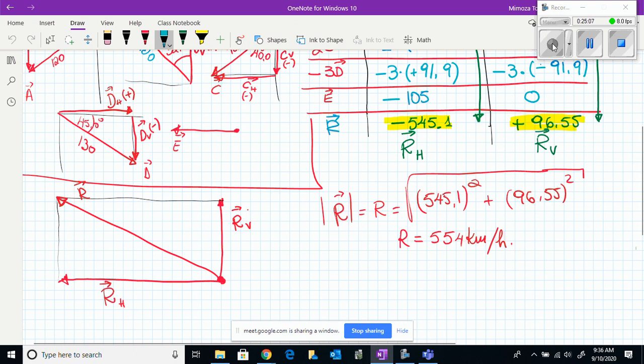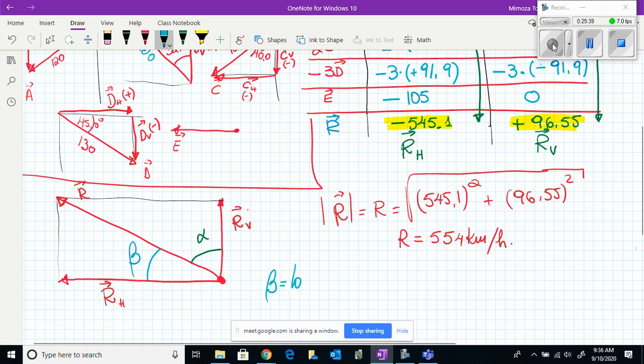You can go with the angle that is with the horizontal axis, the west axis, or you can go with the angle that is with the vertical axis, or north axis. Which one are you picking? It doesn't really matter. Both of them will be correct. So I'm calling one angle alpha and the other one angle beta. And I'm picking angle beta today.